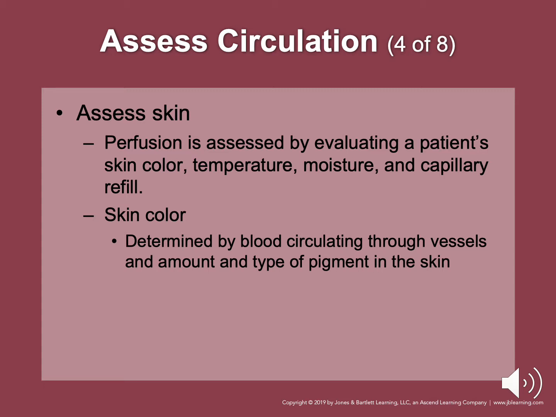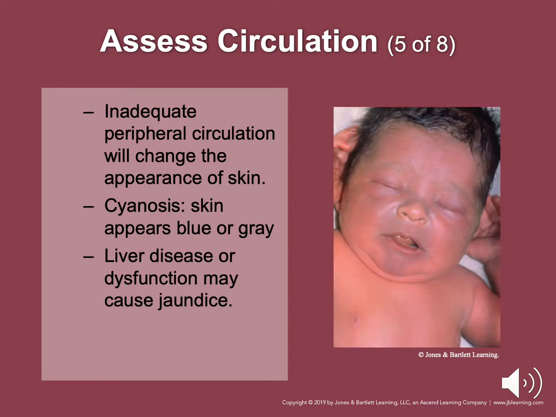Inadequate peripheral circulation will cause the skin to appear pale, white, ashen, or gray, possibly with a waxy, translucent appearance. Cyanosis is when skin over the blood vessels appears blue or gray, and that is a sign of low oxygen in the blood. High blood pressure may cause the skin to be abnormally flushed or red. Liver disease or dysfunction may cause jaundice, or yellowing of the skin.